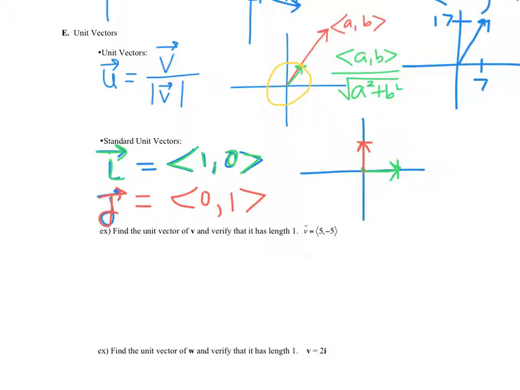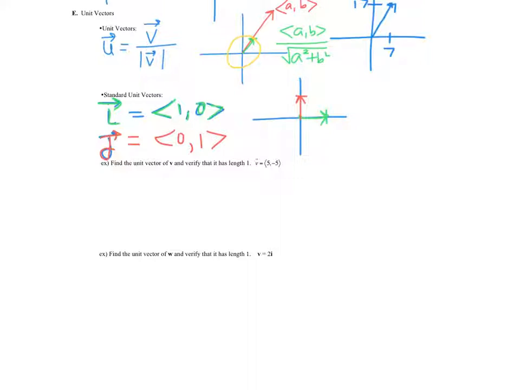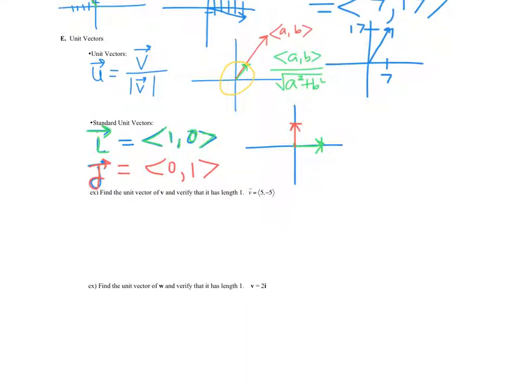We're going to learn that you can write any vector in vector i and j. So for example, if they gave you this vector, let's call it 3i plus 4j. That is a vector in ij form. Have you ever seen that before? Seen it in physics? No?